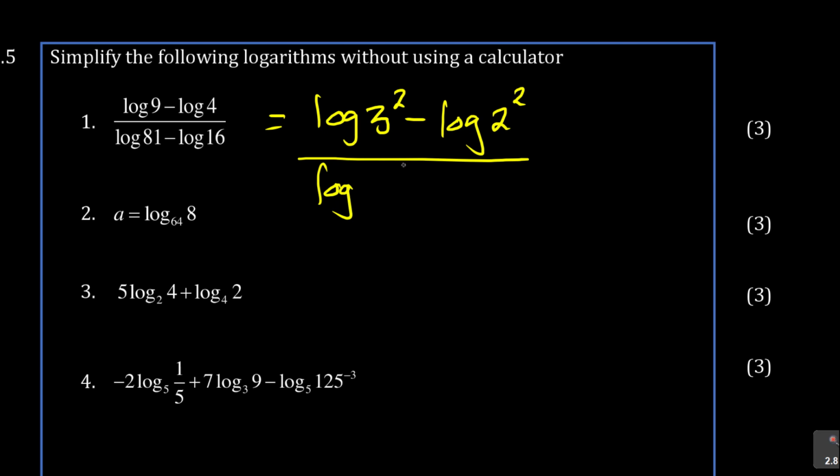It's up to you how you want to do it, but 81 is 9 squared, and at the same time 81 is 3 to the power of what? Not 3 to the power of 3, but 3 to the power of 4. Just check with the calculator. Minus, again, 16 is the same as 2 to the power of 4. So this is where they wanted to lead you.